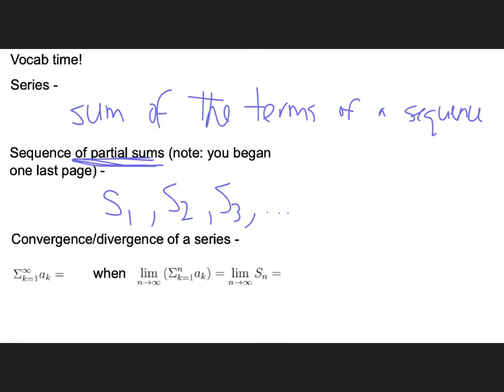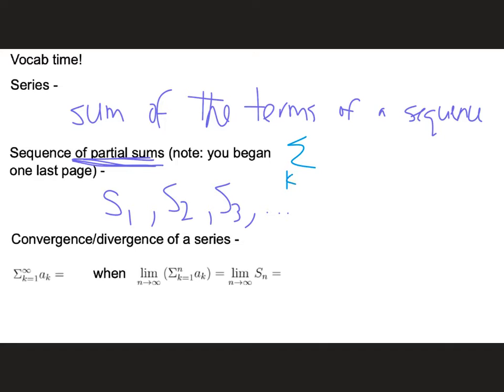Now, the reason we're going to talk about that is because I'm going to introduce notation up here. For the series, we could think of this as the sum of the a_k's, or a_n's. Your book uses a_k's, so let's go ahead and use a_k's.